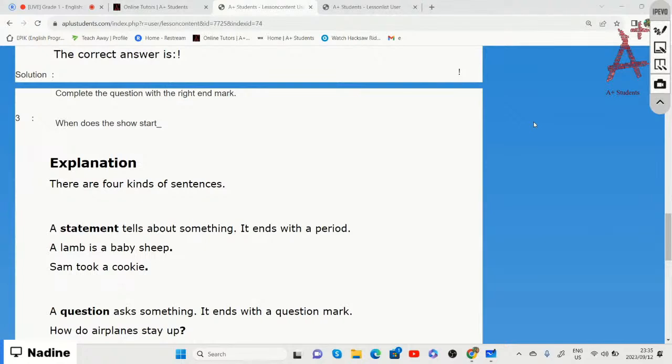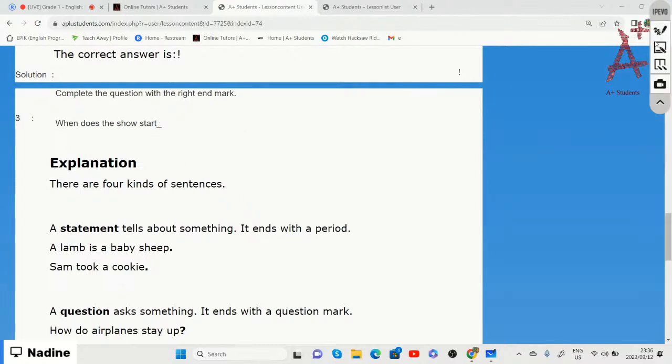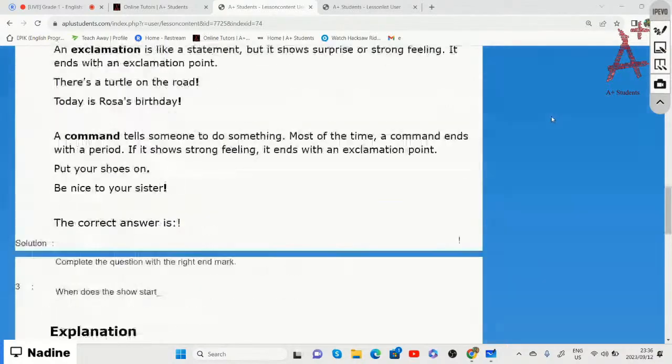When does the show start? Or how old are you? Or what are you doing? So if we complete it with the right end mark, we will choose a question mark, right? And that question ends with a question mark.